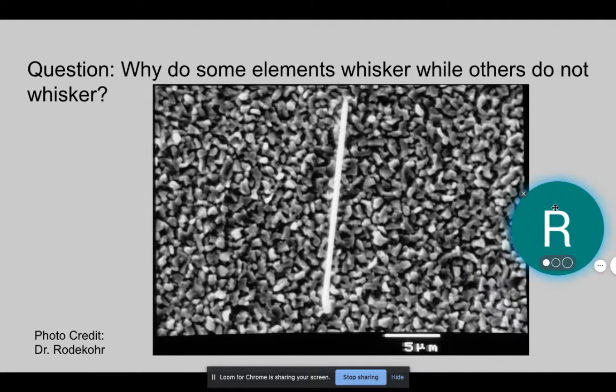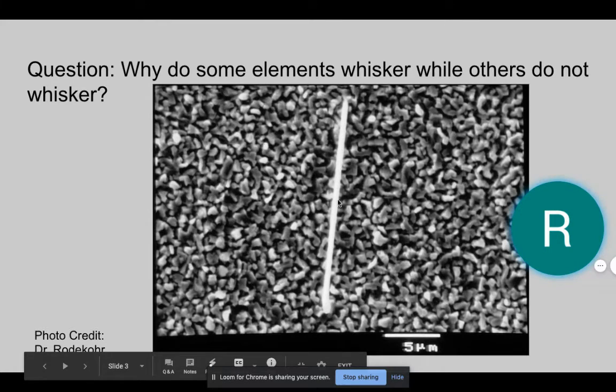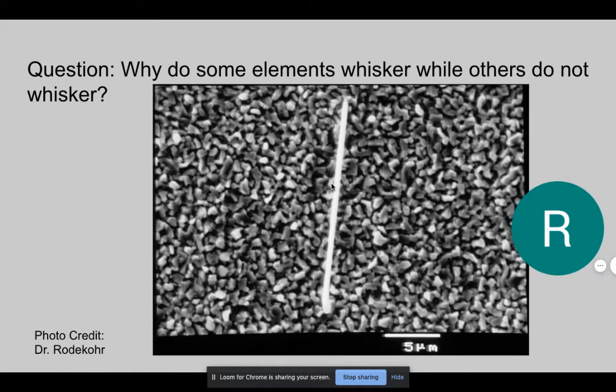If you don't know what a whisker is, they're small crystalline filaments that grow from metals like this right here, you can see in the picture. And they cause problems. Specifically, they can short circuits in microelectronics, which a lot of devices today have really compact circuit boards.